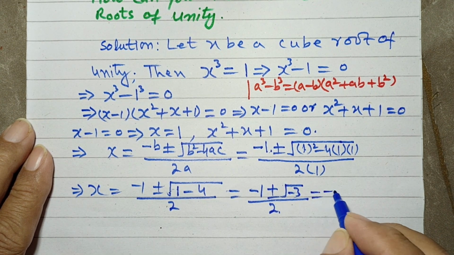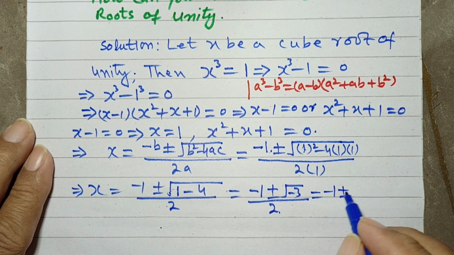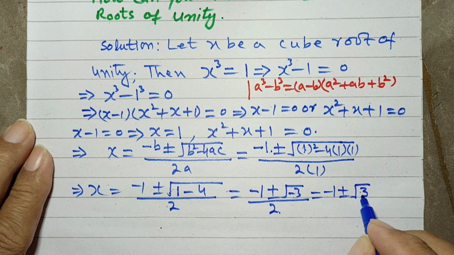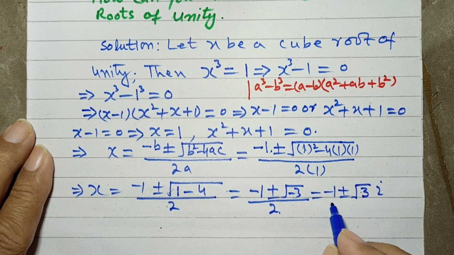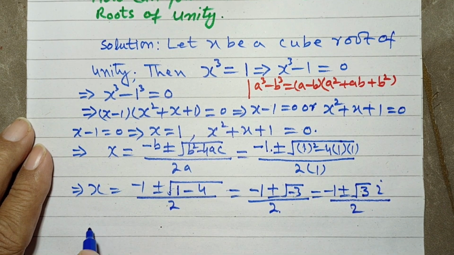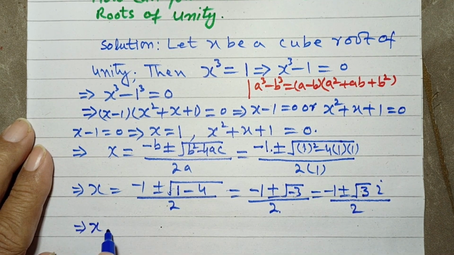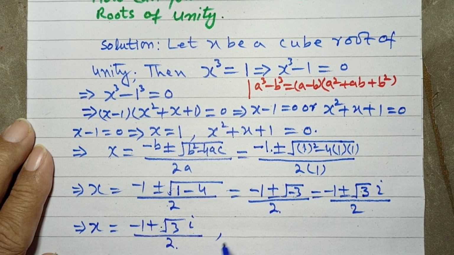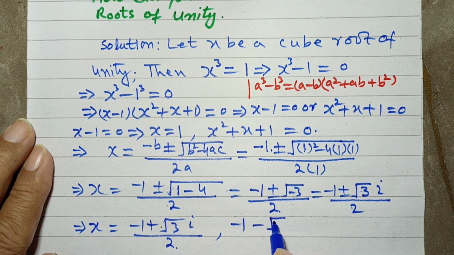Square root of minus 3 can be written as square root of 3 into iota. This implies x is equal to minus 1 plus square root of 3 iota over 2. The second value is minus 1 minus square root of 3 iota divided by 2.